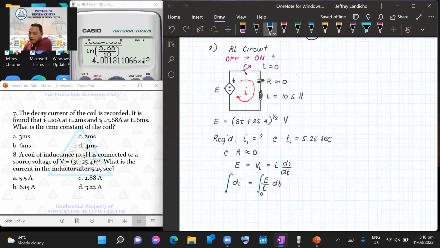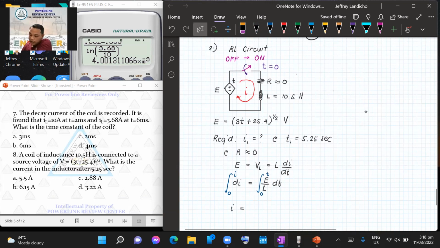Alam naman natin for an RL circuit at time equal to 0, current is 0. So at any given time t, the value of current is I. So lumalabas that the current I is equal to the integral of our source voltage E.